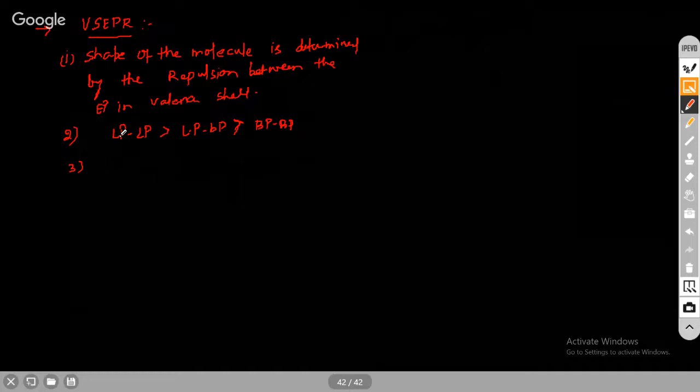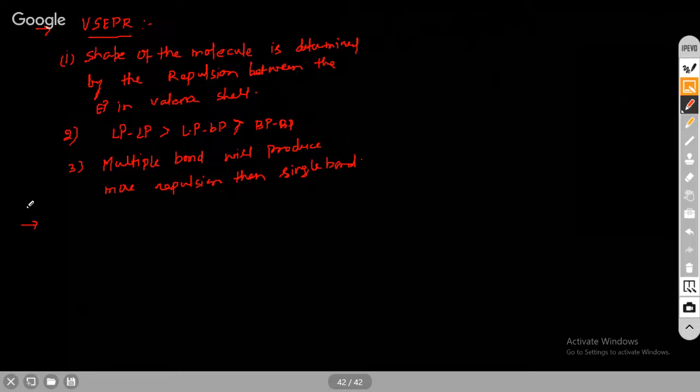Now in this also we have one more thing. If you have a multiple bond, meaning double bond or triple bond, it has more number of electrons. So obviously a multiple bond will produce more repulsion than a single bond. These are some points we have of VSEPR.